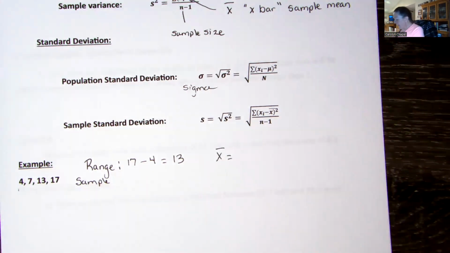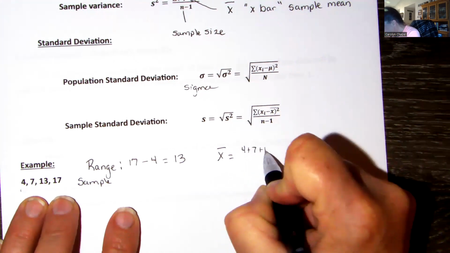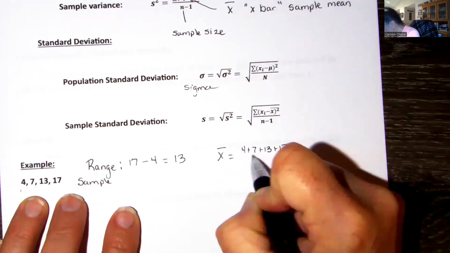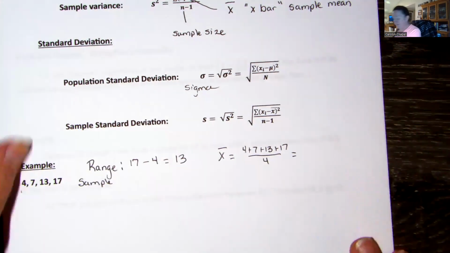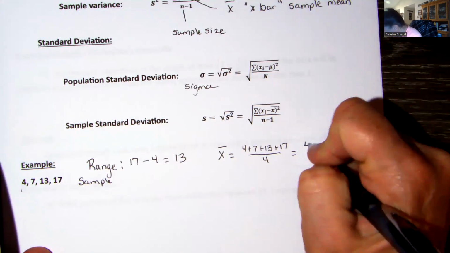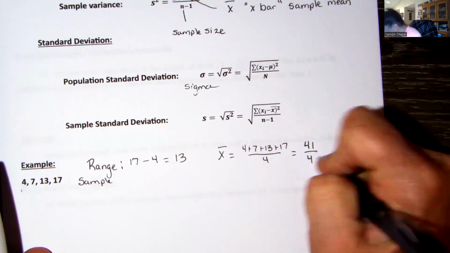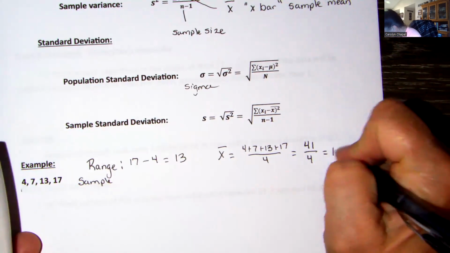If we're doing it by hand, that means we're going to add up our data values and divide by the number of data points that we have. My calculator is right here. So I'm going to add my 4 plus my 7 plus my 13 plus my 17, and I get 41. Divide that by 4, and I get 10.25.